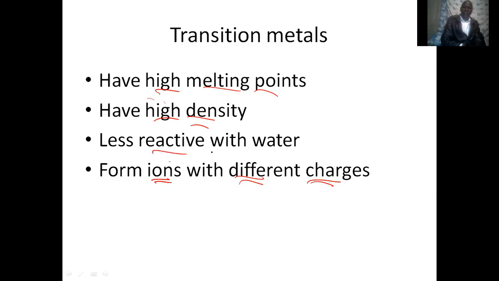They are less reactive with water than group 1 metals. Broadly, we will have a lesson specifically for transition metals.